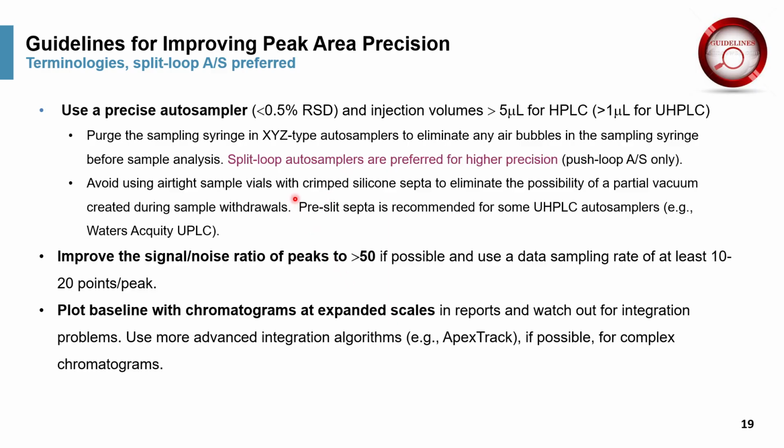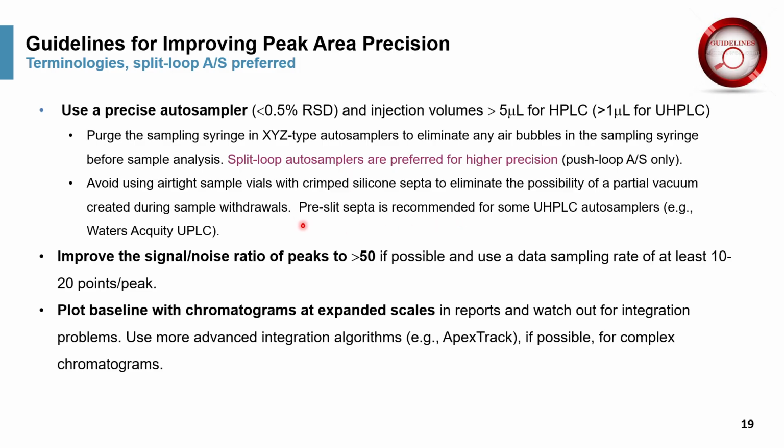Now, most practitioners probably know that in HPLC we do not crimp a silicone septum like in headspace or GC. We're not doing gas chromatography. If you do that, there could be a problem when you try to withdraw a large amount of sample, over 10 microliters, because you can create a partial vacuum, right?